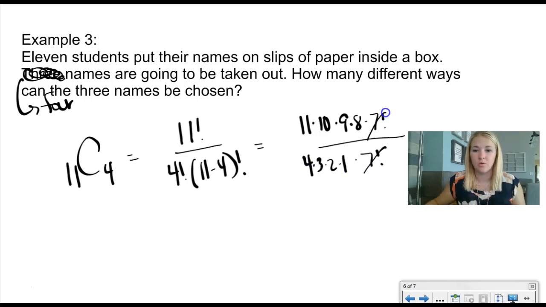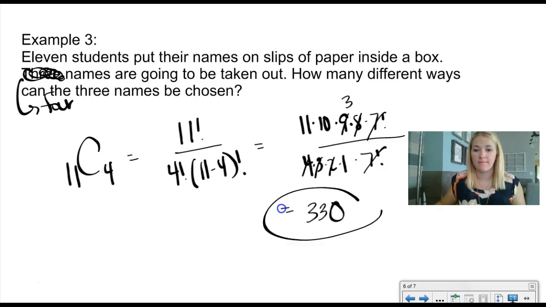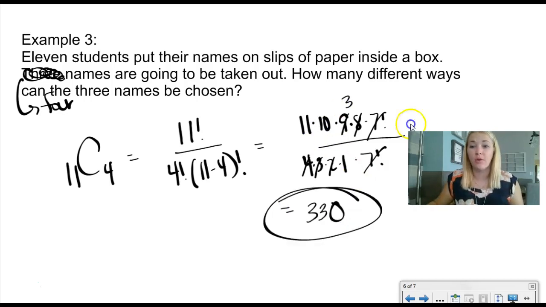These cancel, woohoo. 4 times 2 is 8, 3 goes into 9 three times, 11 times 3 is 33, times 10 is 330. Again, you don't have to simplify the way I'm simplifying. You can multiply everything out and that will give you the exact same answer.